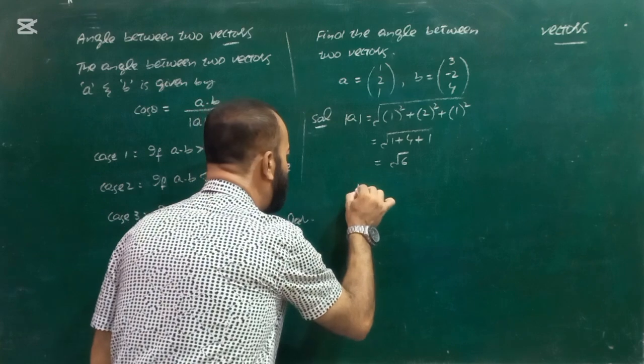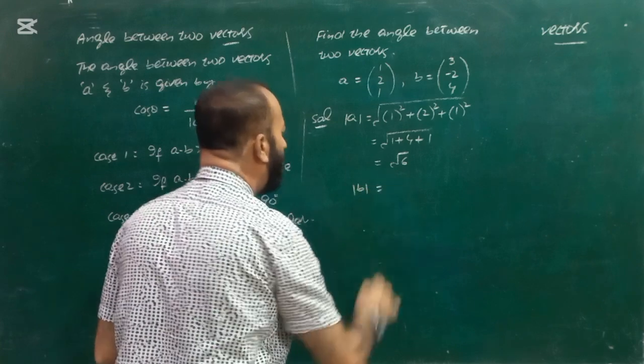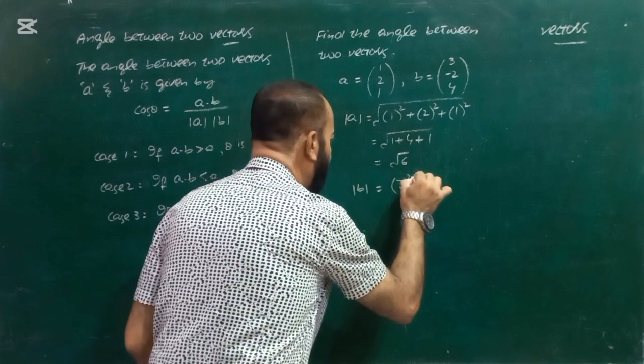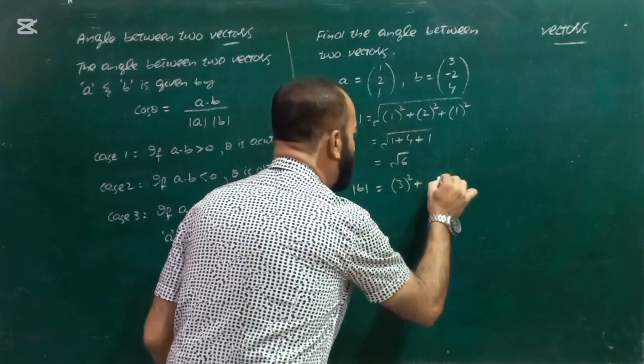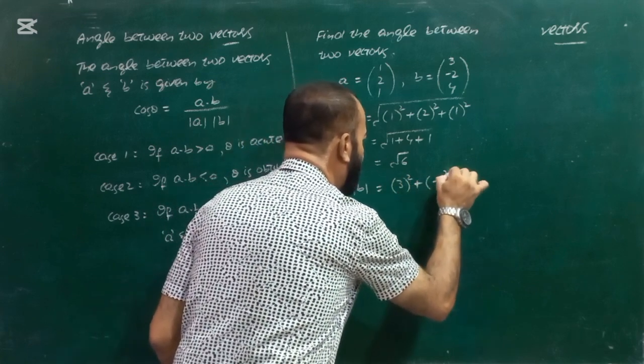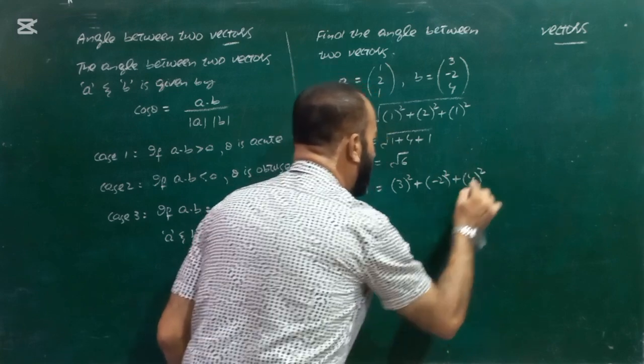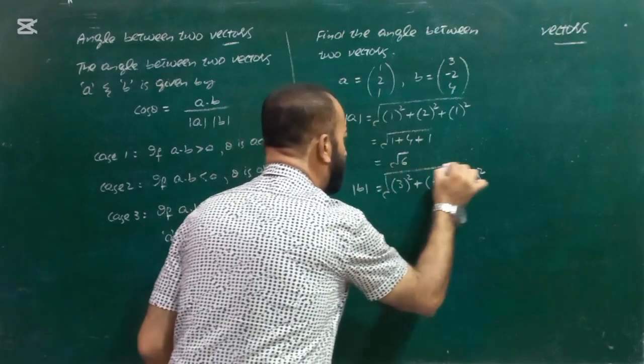Likewise, B magnitude will have to be found out. So 3 square plus minus 2 square plus 4 square whole square root.